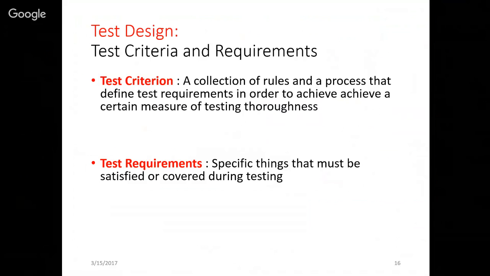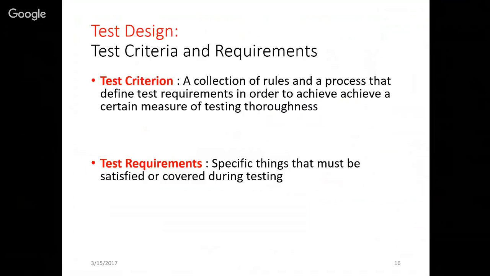So what's a design criterion? We already have an idea. A design criterion is a collection of rules and a process that define test requirements in order to achieve a certain measure of testing thoroughness, such as when we talked about statement coverage.